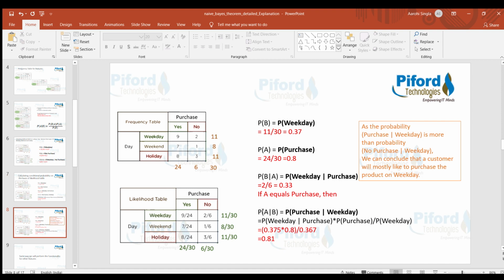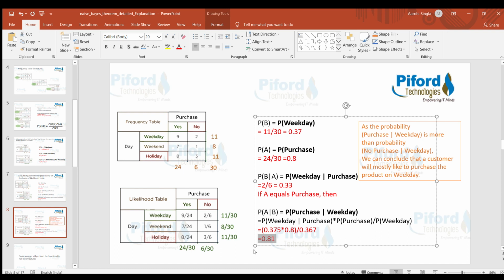Now let's calculate probability of A given B, meaning the probability of purchase on weekdays. This is the formula which I've applied, probability of weekday given purchase into probability of purchase, divided by probability of weekday. And this is the value which I get, 81%.